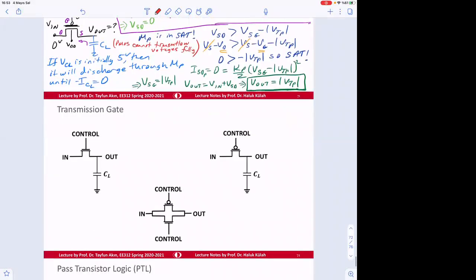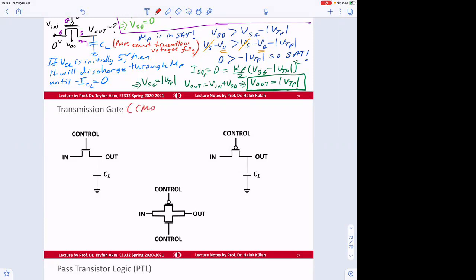Therefore, what we do typically is use them together. So we use CMOS transmission gate.